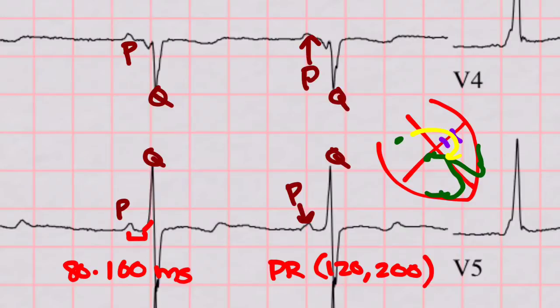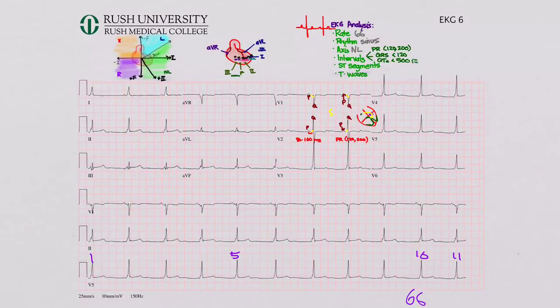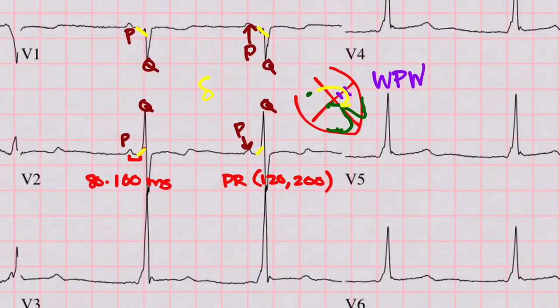And so as it goes through that extra pathway, it leaves a little slurring of the QRS, and that's called a delta wave. And if we zoom out, we can actually see that delta wave here. You can see it kind of there, right? So that delta wave is characteristic for WPW, Wolff-Parkinson-White syndrome. And let's come back here and look at the other ones real quickly.